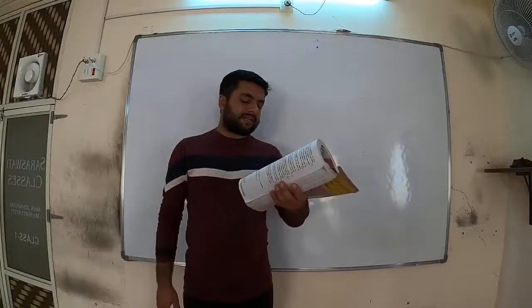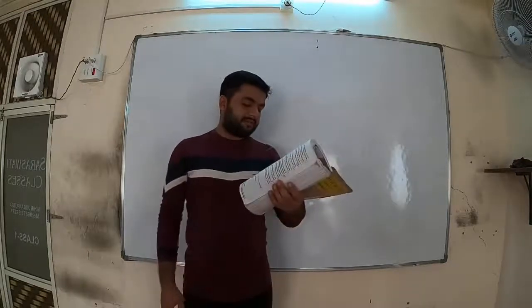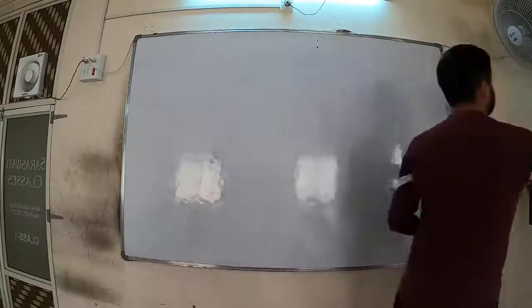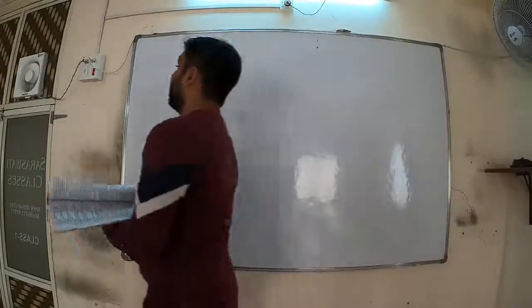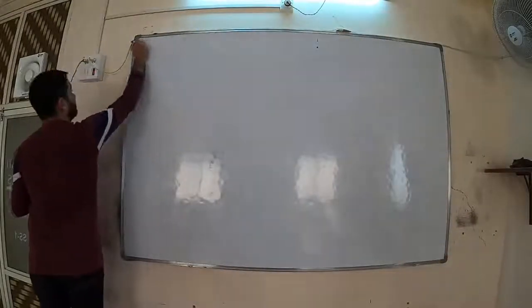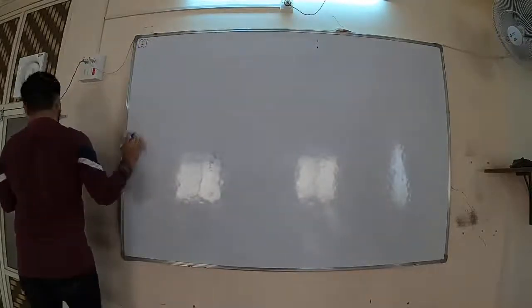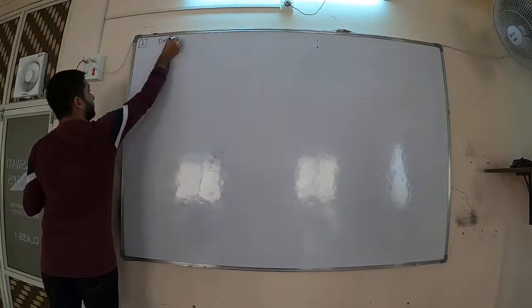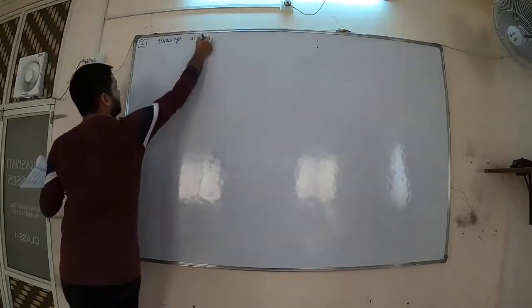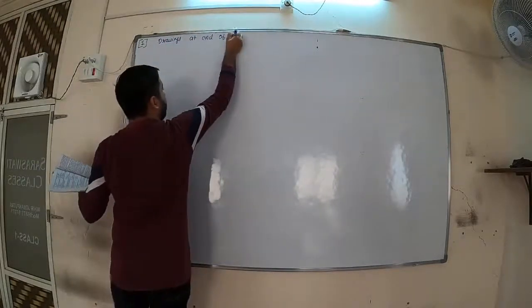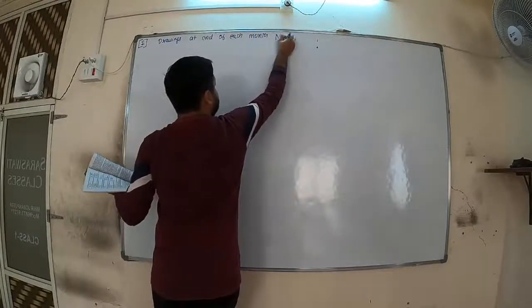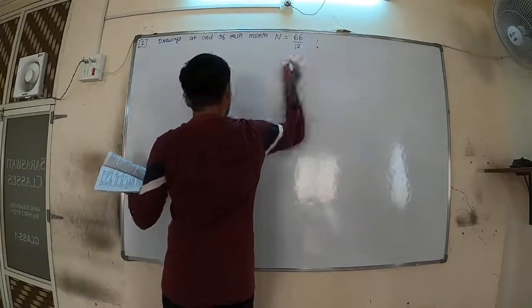12% interest is chargeable on drawings, R is 12. Determine the amount of interest on drawings for the year. Okay, first write the data. This is the first sum. Drawings at the end of each month, n is 66 by 12.